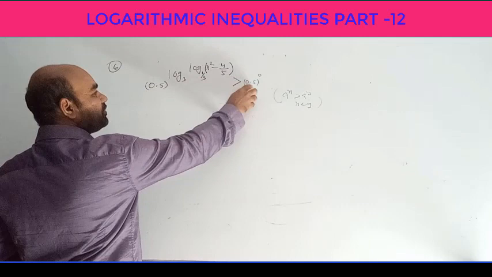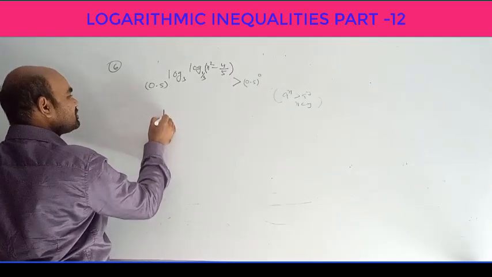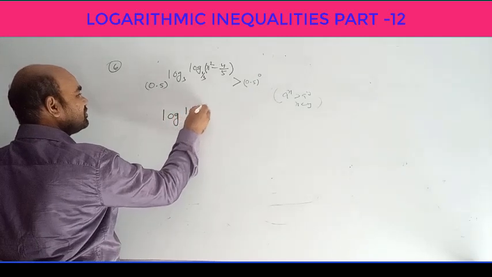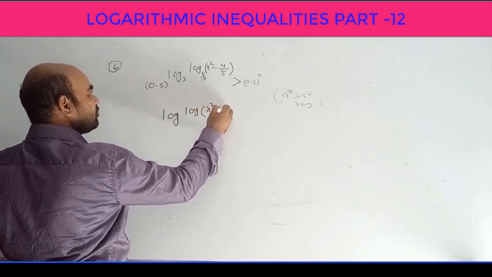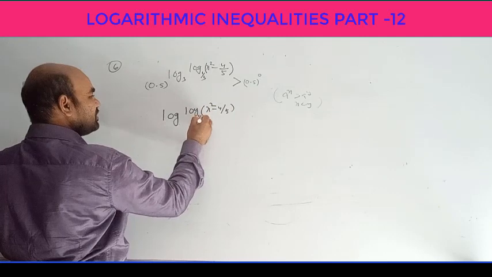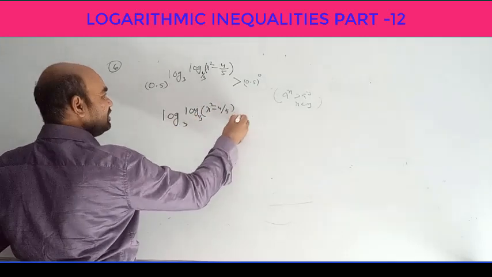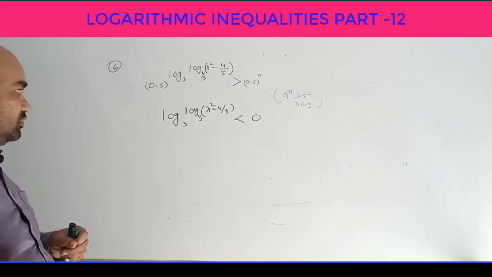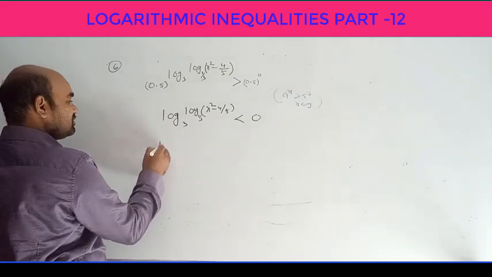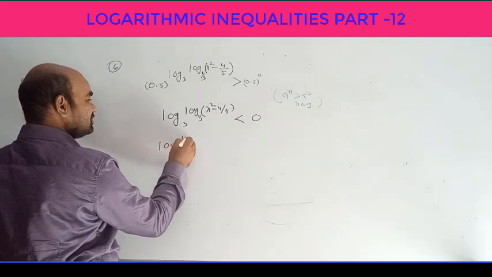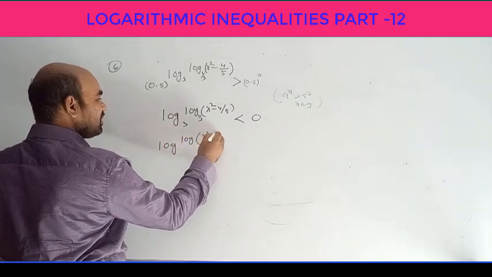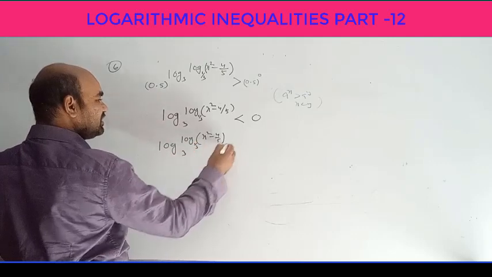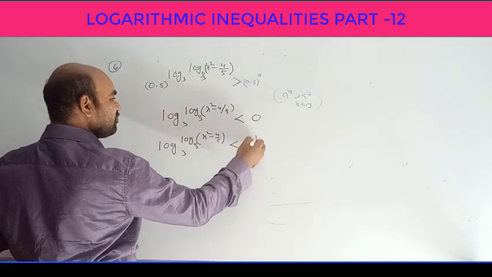Here 0.5. So now the problem becomes logarithm of logarithm of x square minus 4 by 5 to the base 1 by 3, base 3, is less than 0. I can write this as less than log 1 base 3.